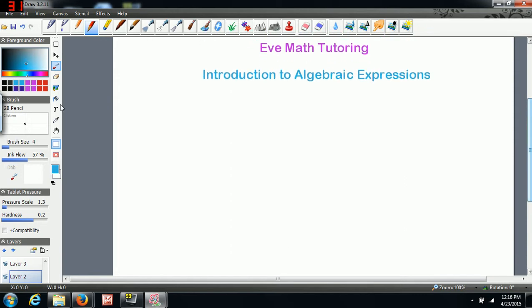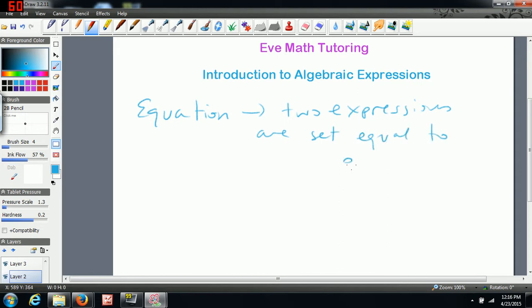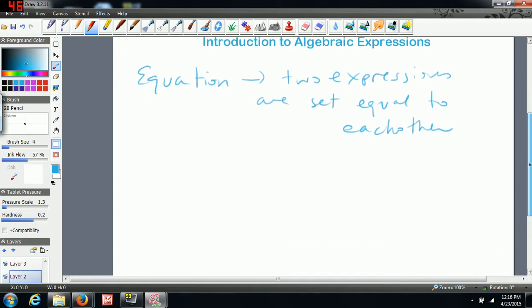Now when two expressions are set equal to each other, we get an equation. So some examples of equations are the following.